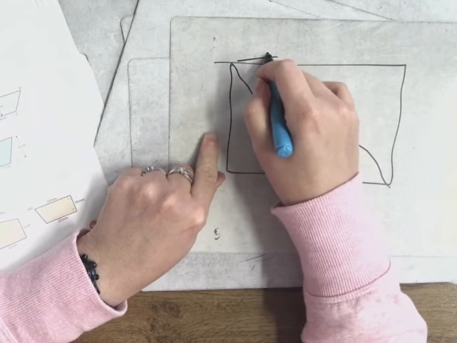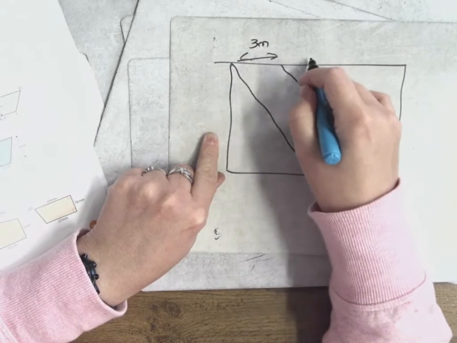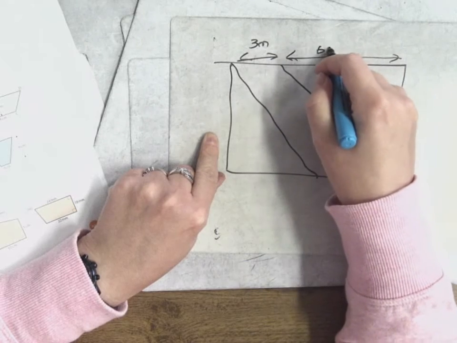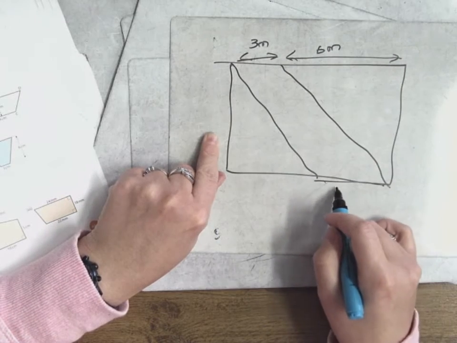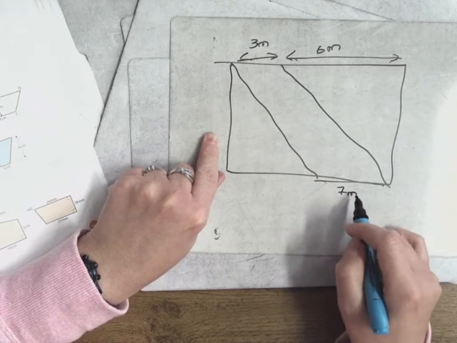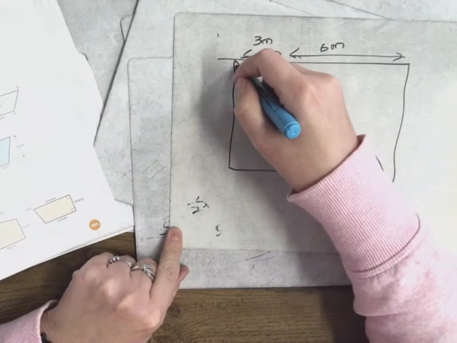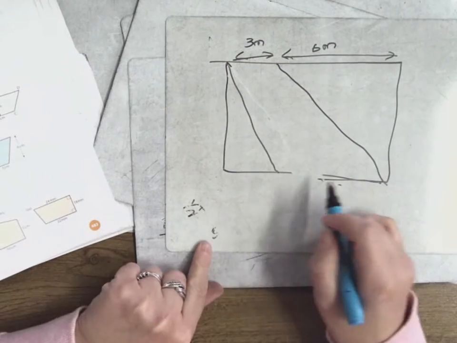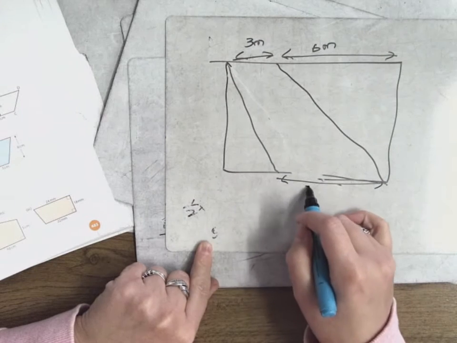It tells me up here that much is 3, and this much is 6. Down here, they tell me this much is 7 meters. Actually, I might make that more realistic, like so. And they tell me from here to here is 7 meters.